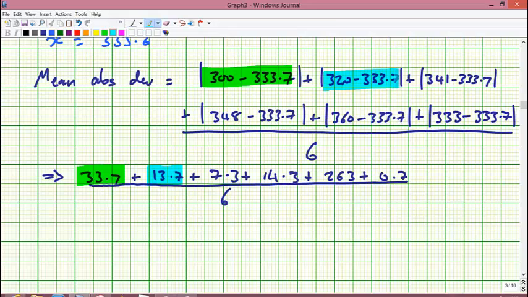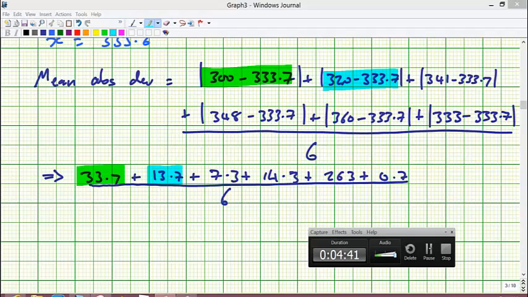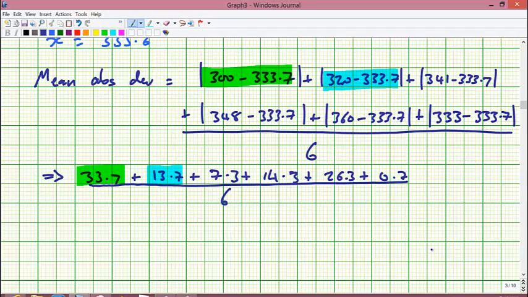They're all going to be positive because we're looking at absolute values, and we divide it by 6, and we get, it adds up to 96 over 6. So our mean absolute deviation equals 16. And this is a measure of the spread of the data.